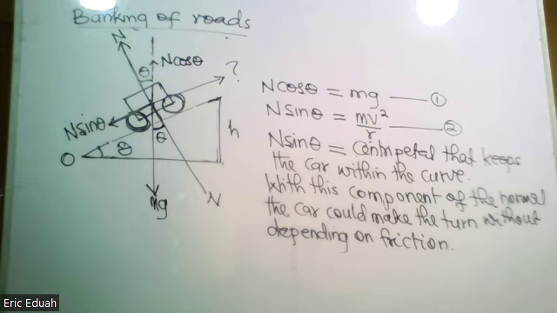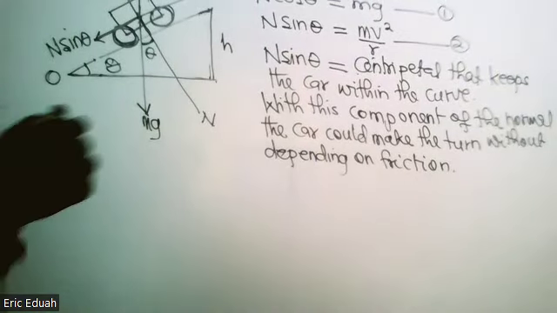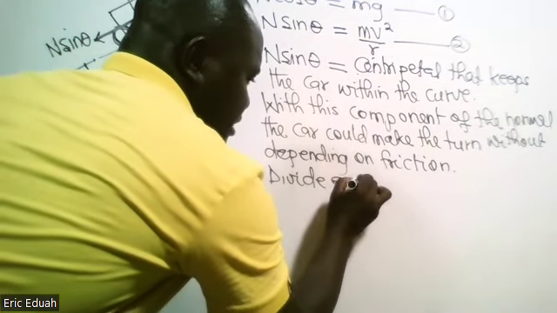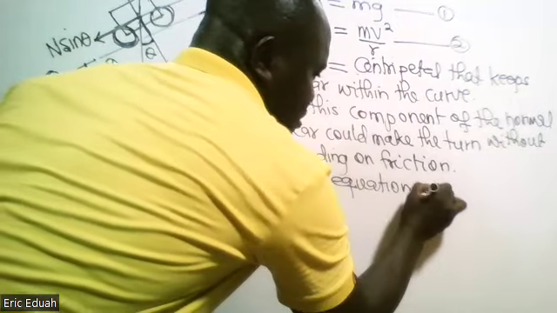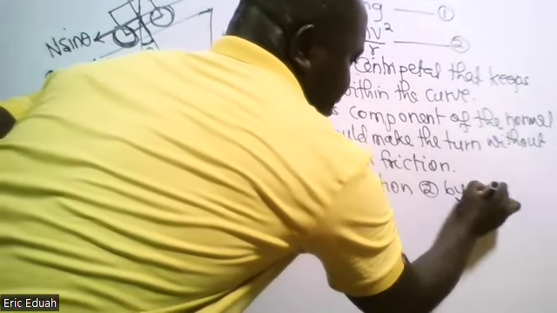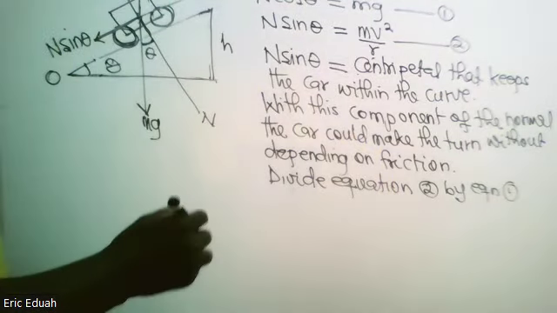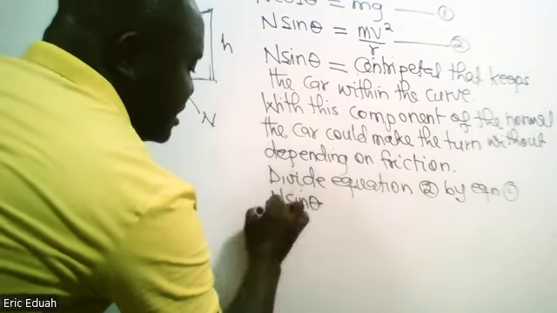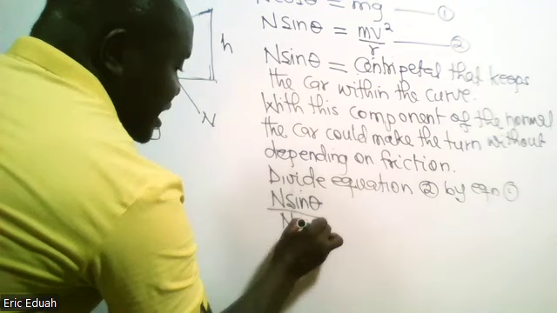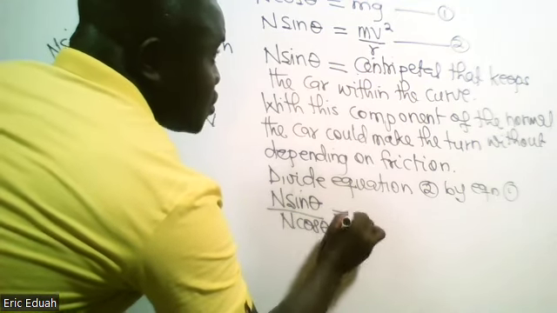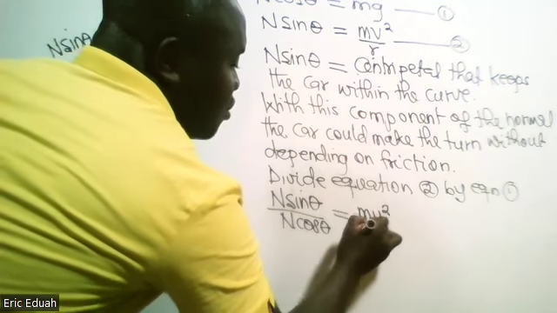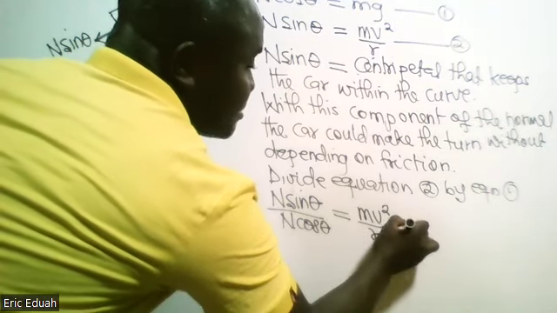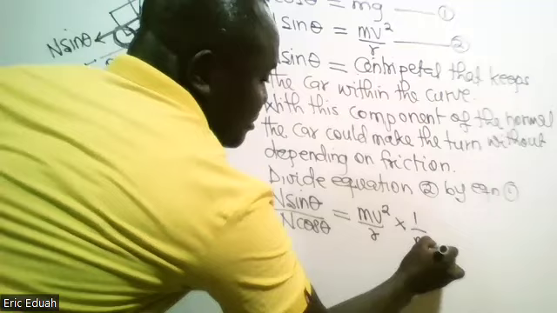When we divide equation 2 by equation 1, we have n sin theta component divided by n cos theta equal to mv squared over r divided by mg, or times 1 on mg.